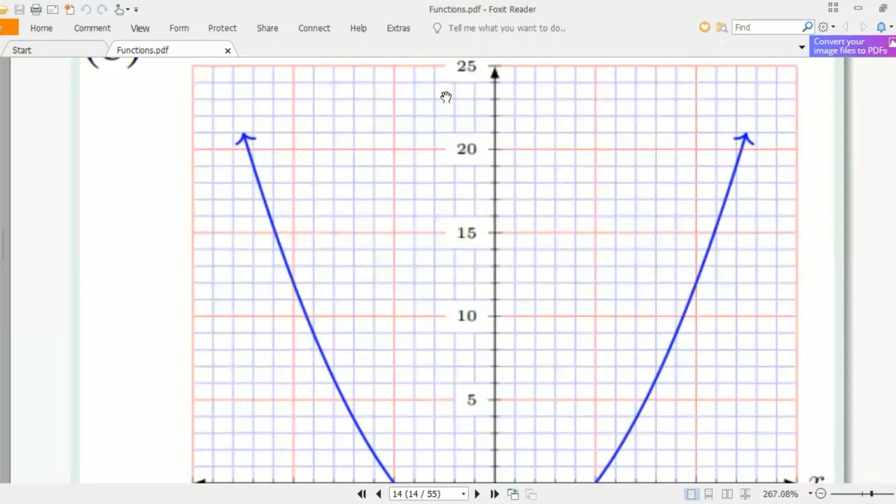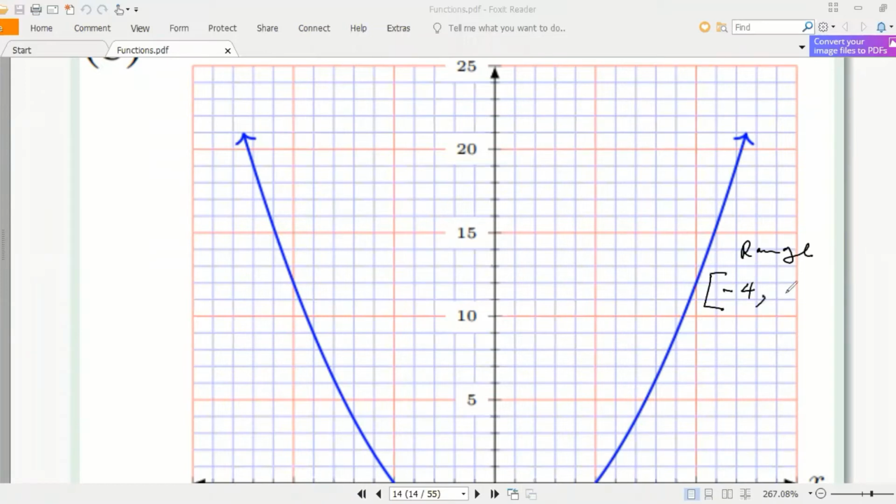That means that the lowest value is -4. The graph was continuous, so negative 4 is included.